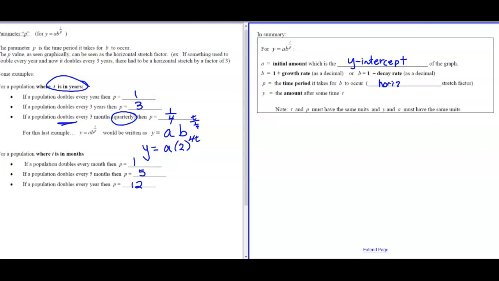That's the horizontal stretch factor. And y is the amount after some time. Then it reminds you t and p, not toilet paper, but t and p, must have the same units, and y and A must have the same units.